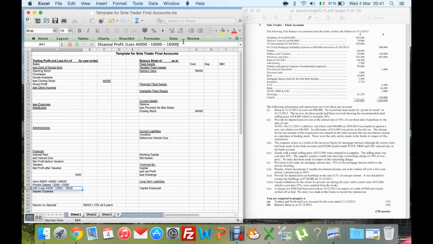I got 16 for it, so that means I made a loss of 14 grand. So I'm going to put that loss in here. That's an expense associated with vans, so it's a distribution expense. And I've put the depreciation into my provision for depreciation.